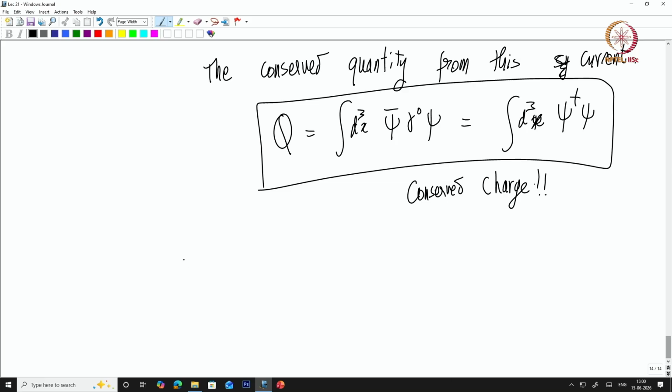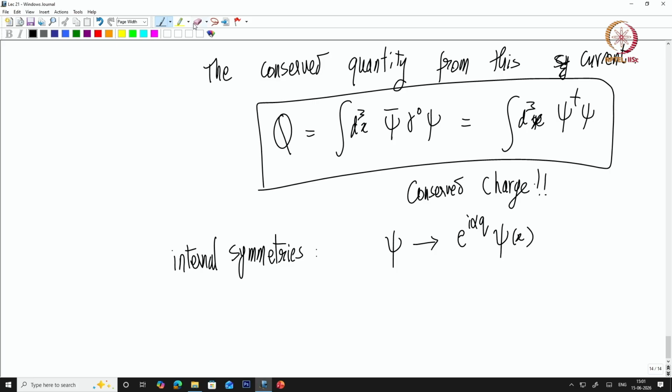This can be related to an internal symmetry. Symmetries of the Dirac particles, one of the simplest examples is psi of x going into e to the power i alpha q times psi of x.